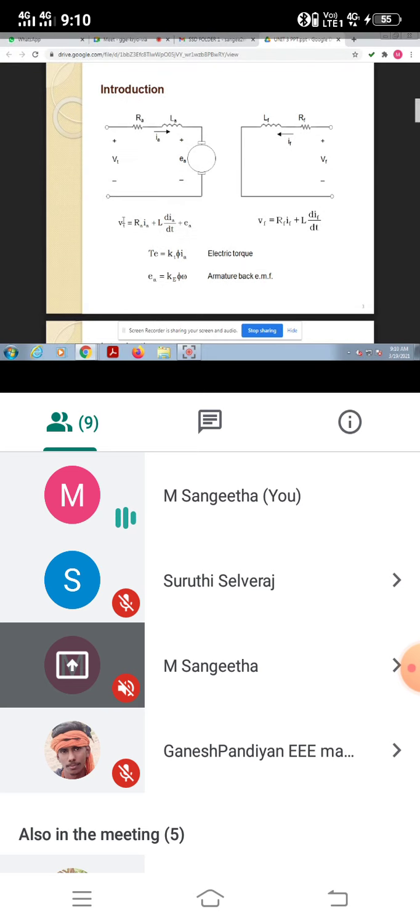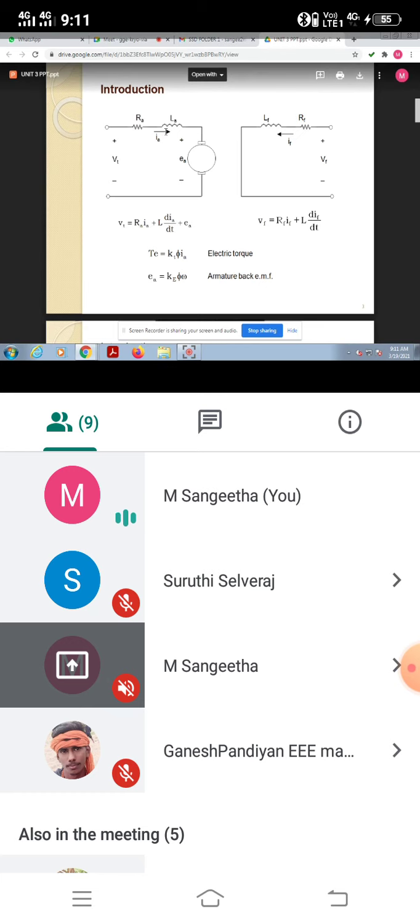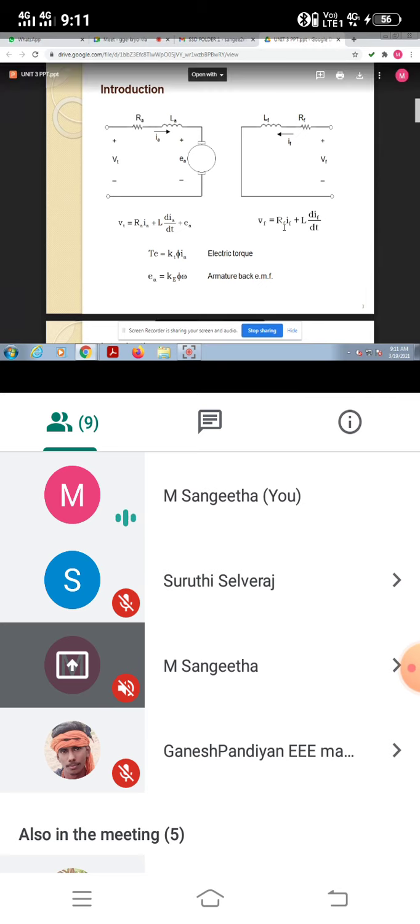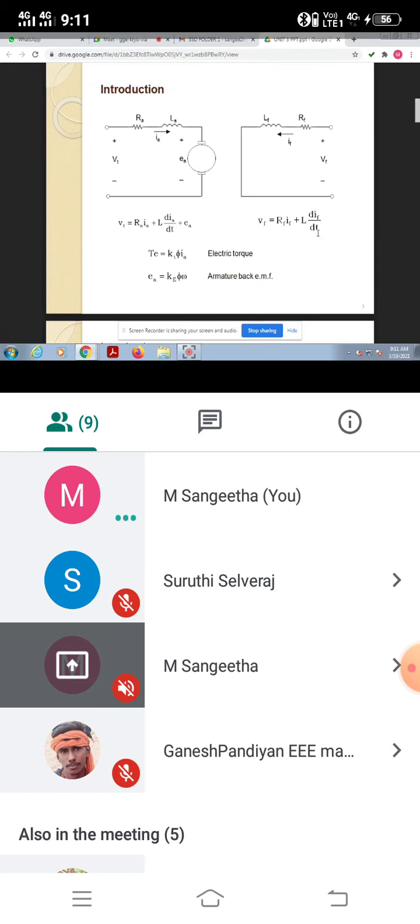The input terminal voltage equals the armature current passing through the armature resistance, plus the inductance term. The inductance formula is L dIa/dt, plus the motor's production, the back EMF. So we add the back EMF across this equation. Similarly, we make an electrical equation for the field equivalent circuit: Vf input equals If flowing through Rf and Lf, so Vf = Rf If + Lf dIf/dt.